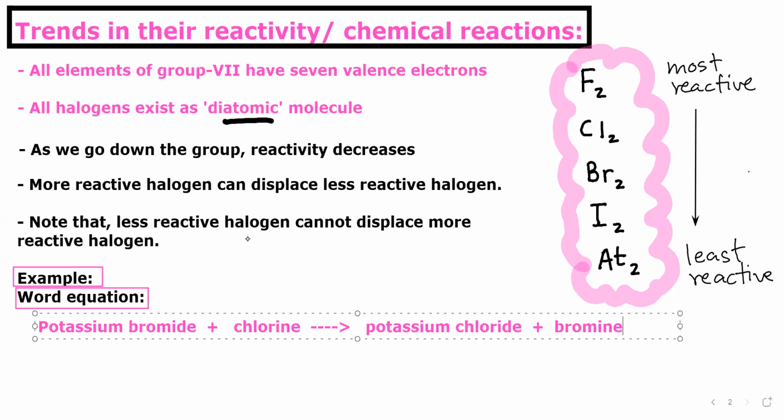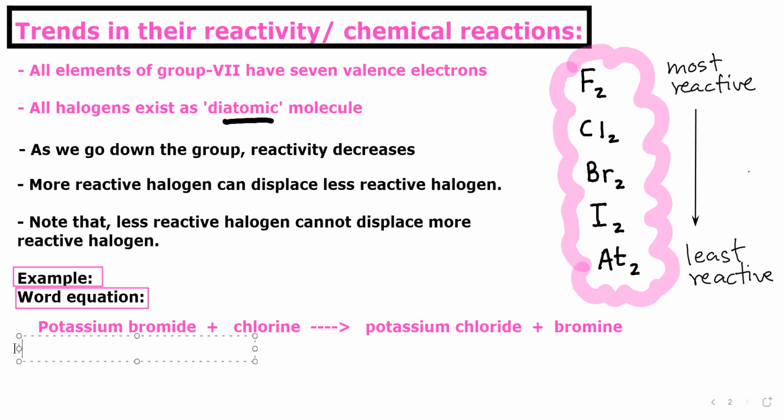Now let's write the chemical equation here, or I call it the formula equation. Along the way, it's good to practice these equations too, because in chemistry it is very good practice to write proper equations.